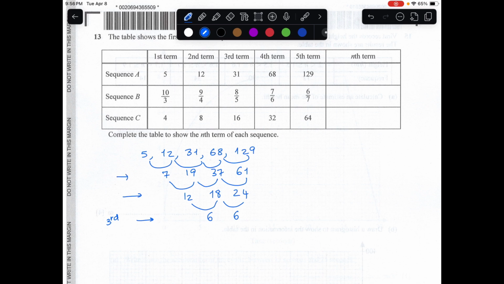And this is the second difference. This is the first difference. What we are interested in is only these values. Yeah. So the third difference is given as 6a is equal to the third difference.